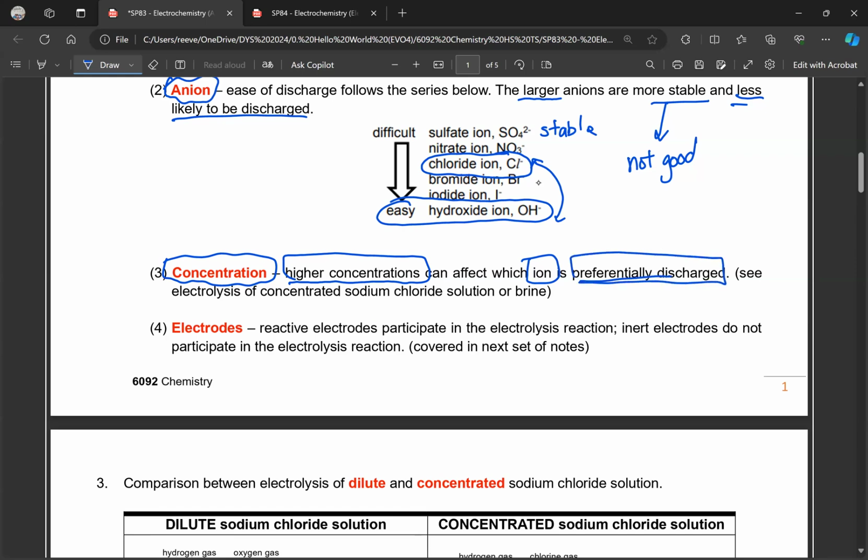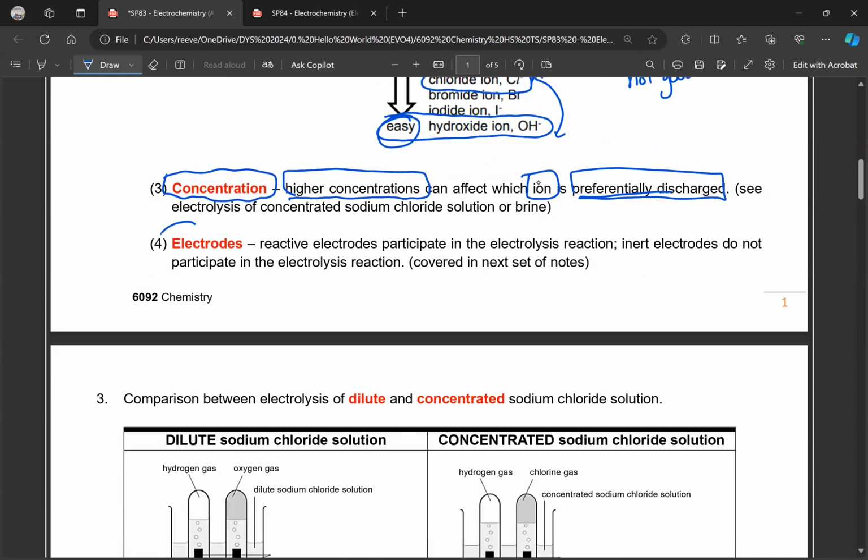I repeat, usually you won't see Cl⁻ discharge. You'll see hydroxide because that's the easiest to discharge. But let's say I put so much NaCl that the whole beaker is full of NaCl, then the chance of Cl⁻ discharge will be higher. So the concentration will affect the story.